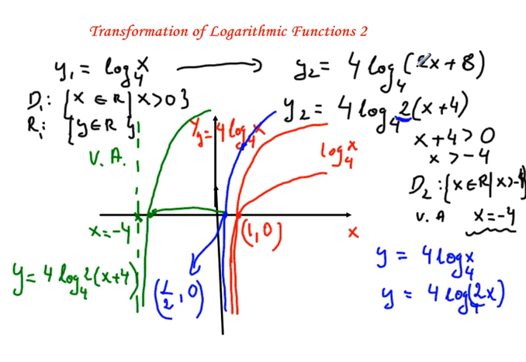Even if you were to do 2x plus 8 greater than 0, the result will be exactly the same. So find the domain. Please note that the range of our new function, call it R2, is represented by the set of all real numbers. So during the transformation, the range remains the same. The domain changes, and that has to do with horizontal translations, either left or right.